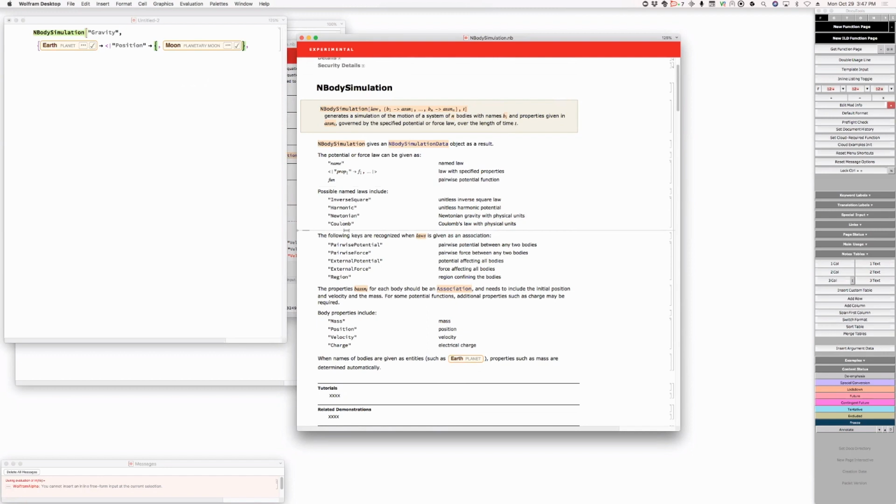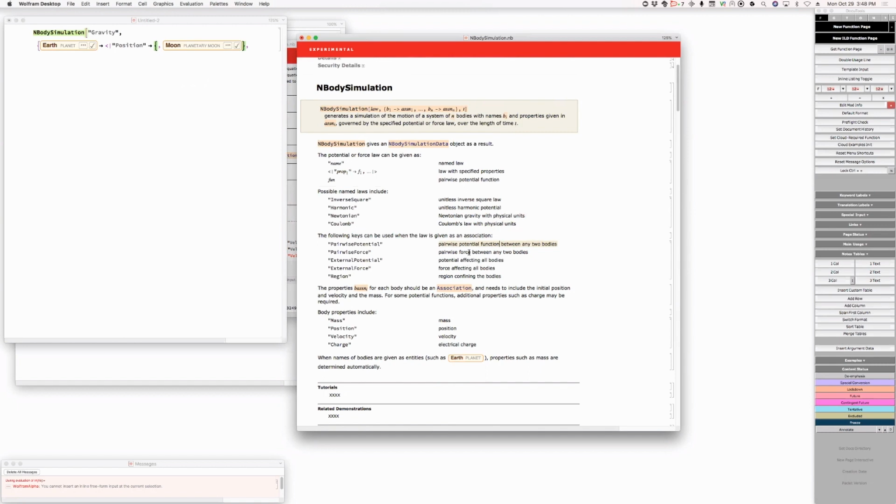Okay. The following keys can be used when the law is given as an association. Now you called them pairwise potential function. No, that's okay. Pairwise potential function between any two bodies.